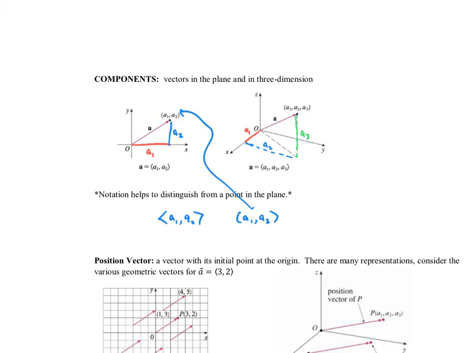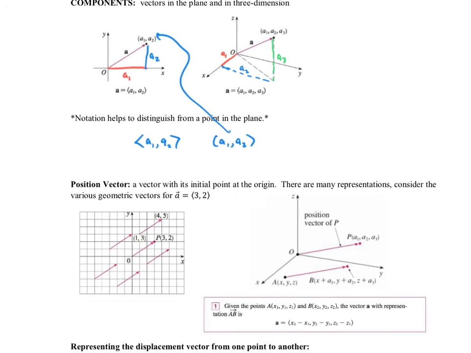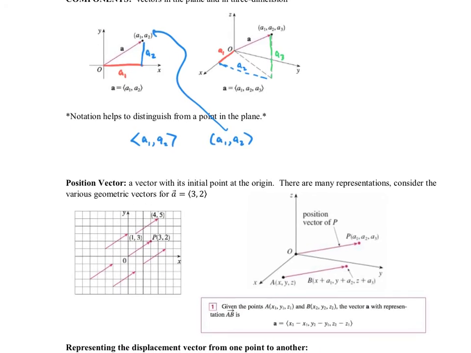The reason for that is that vector a, the way that it's drawn in this picture right here, is called a position vector. And a position vector is defined below. It's a vector that has its initial point at the origin. So what happens with position vectors is that they start at the origin and their terminal point is an ordered pair that looks almost identical to the vector components itself. The only difference is how it's written.